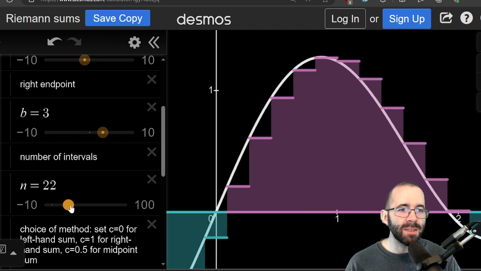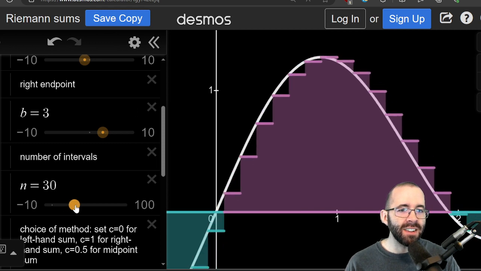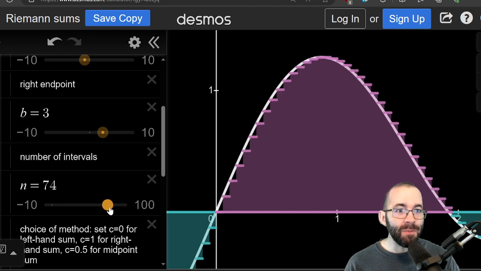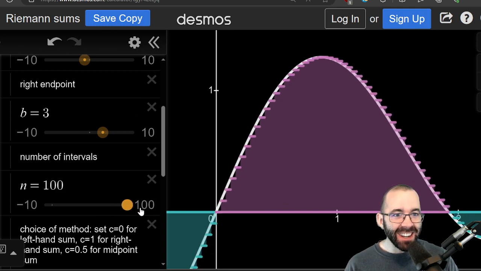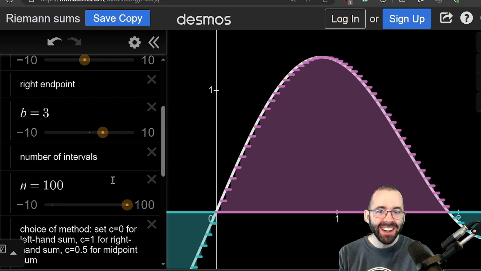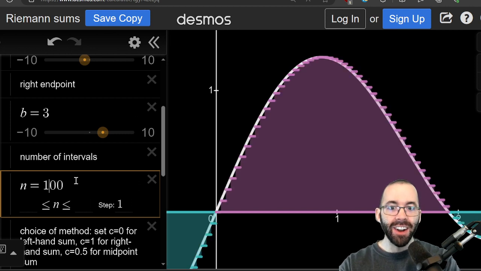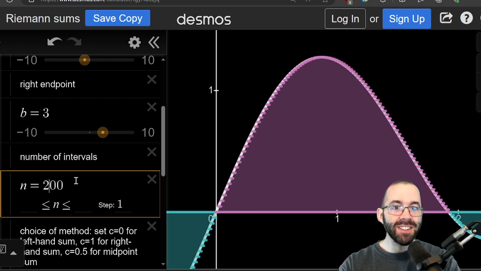A little better. Some more rectangles. A little better. More rectangles. More rectangles. Look how good it's getting. 100 rectangles. What about 1,000 rectangles? 200 rectangles, 300 rectangles.